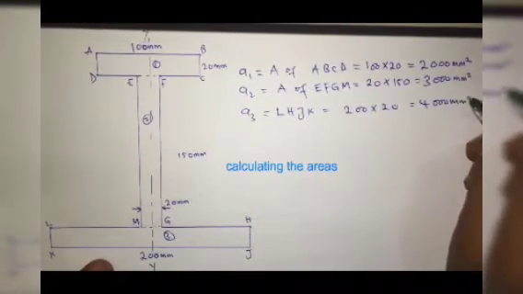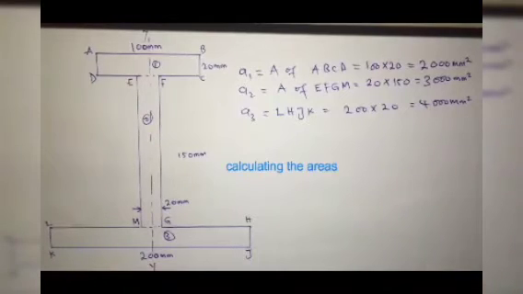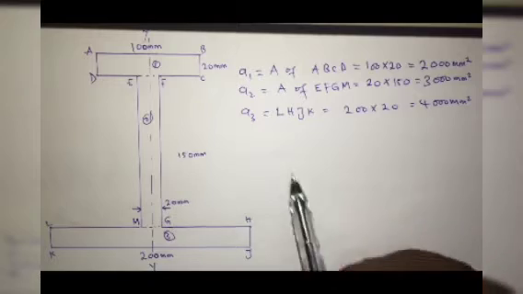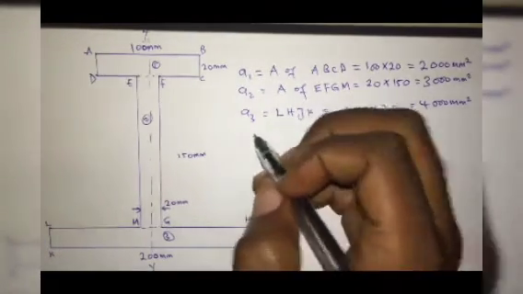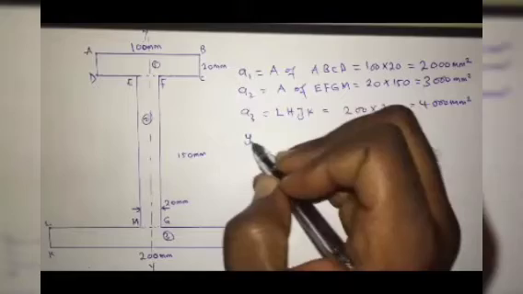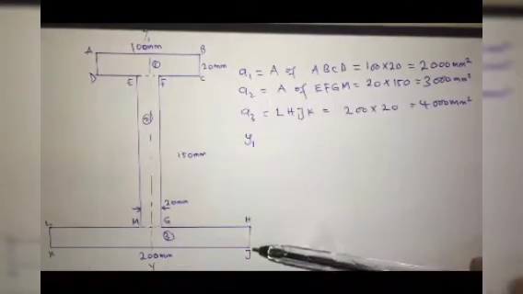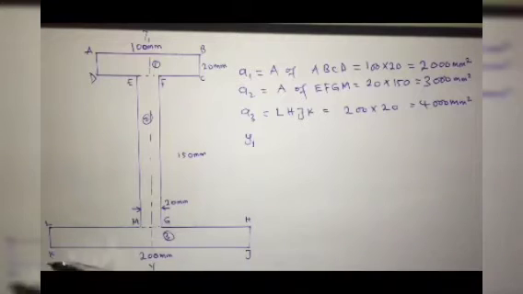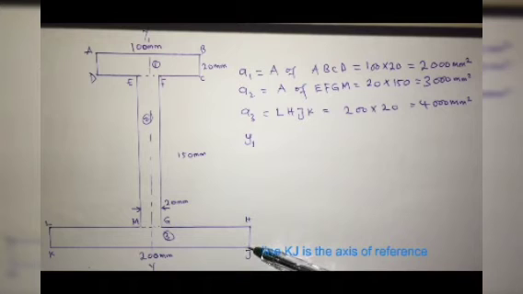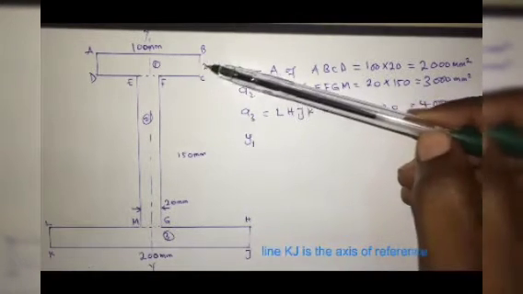After getting the areas, the next thing is to calculate the distance of the centroid from the reference axis. We have three shapes now, 1, 2, 3, so we are going to have y1, y2, y3. The reference axis in this case is the line KJ, which is the bottom line. From line KJ up to half of BC, that's y1.